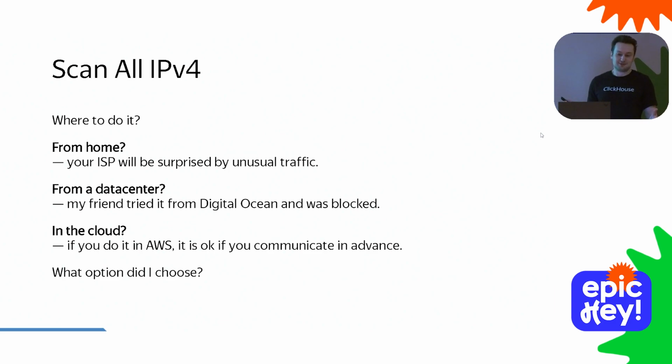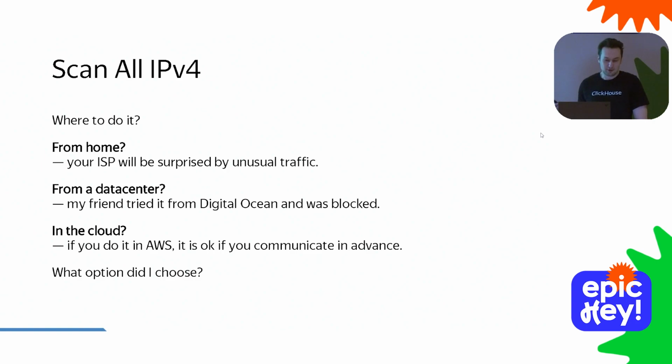I don't want to be blocked by my ISP, so I will not do it from my home. I can do it from a data center, and I asked my friend to try this tool from his VPN. And my friend did it from DigitalOcean, and he was instantly blocked.